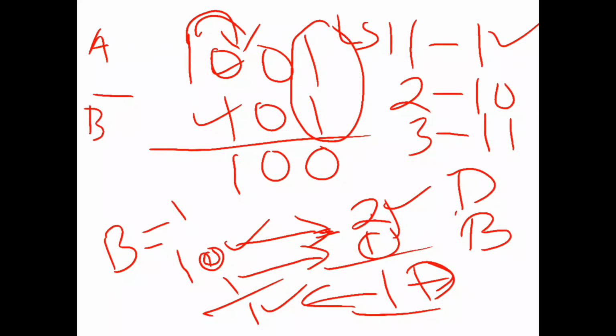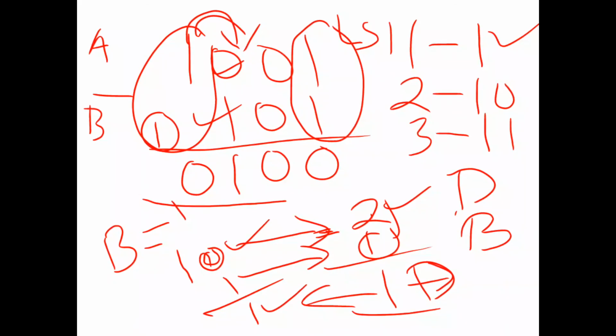So similarly, borrow needs to be subtracted from this position especially. Clear? It is now a very simple one, because 1 minus 1 is 0. So this is the result that we are having there.